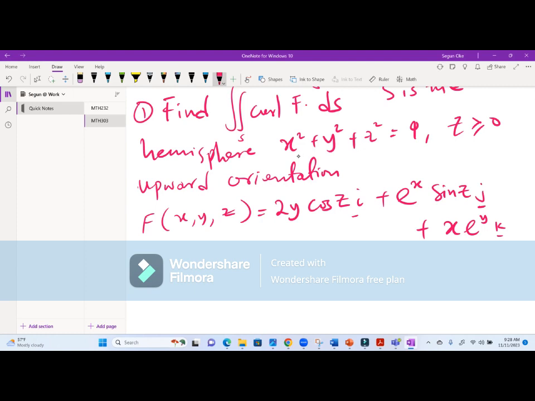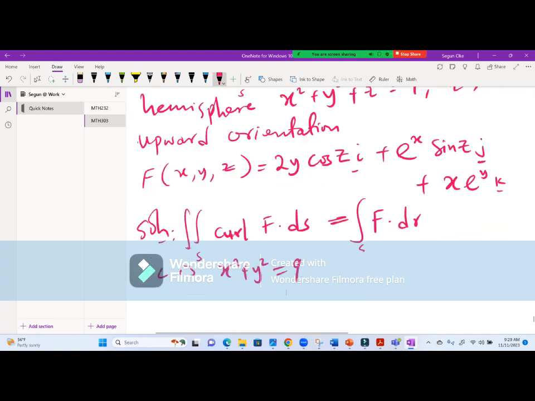So the solution will be: the curl is saying the integral of curl F dS equals the integral over C of F dr. And C is x squared plus y squared equals 9.